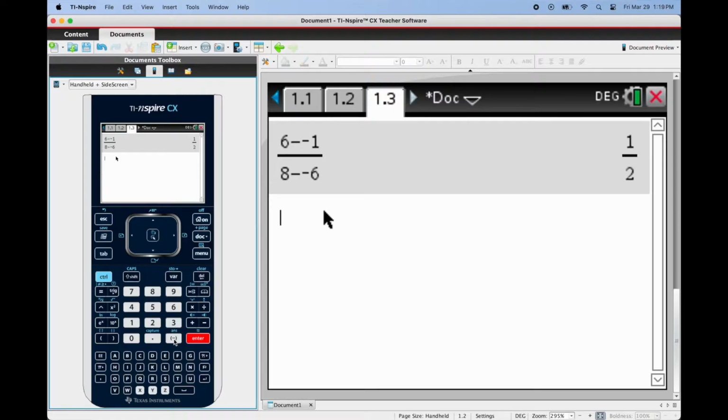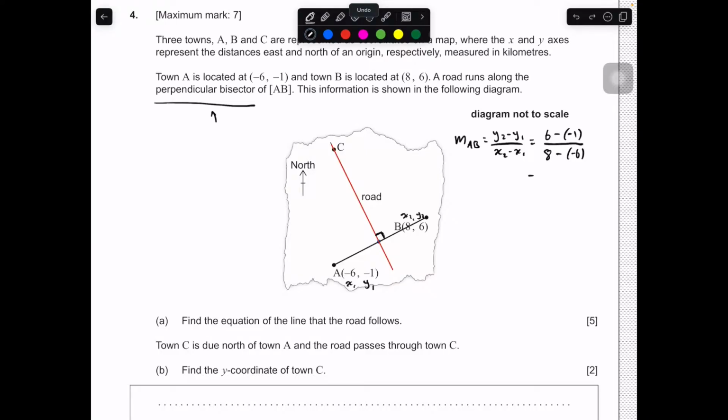Okay, so going back to the document here, we have 1/2, and we know that m AB, the slope of this line AB, is equal to 1/2. If the slope AB is equal to 1/2, and we know this road, which is a perpendicular bisector, is perpendicular to this, let's find the slope of M. So essentially we know the slope of AB is 1/2.